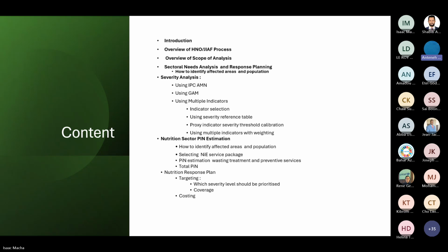We will be addressing how to identify affected areas and population for nutrition needs, severity analysis within the nutrition sector, and the PIN estimation. Finally, we'll cover humanitarian response planning, specifically how we set the targeting and costing. Next slide.